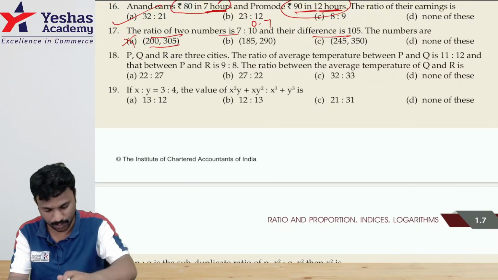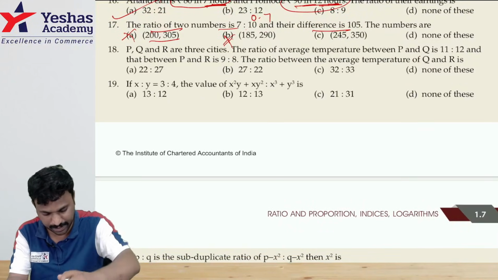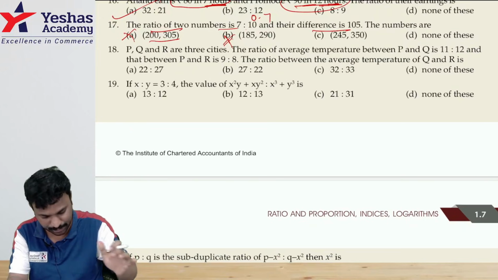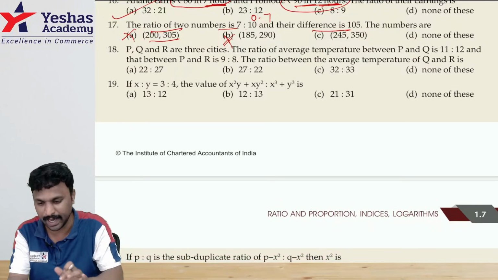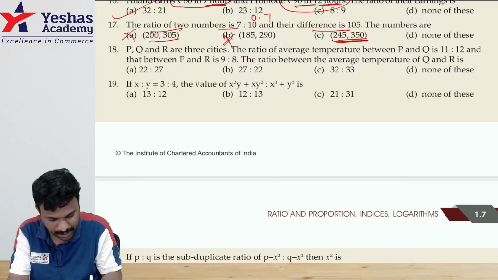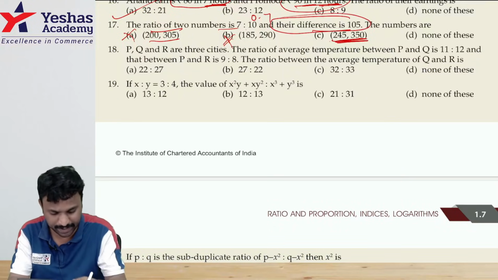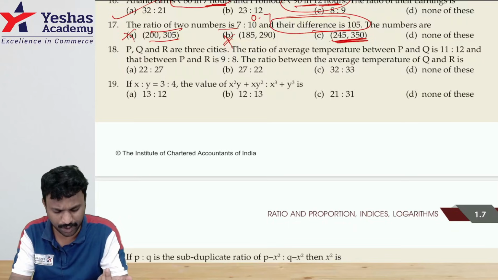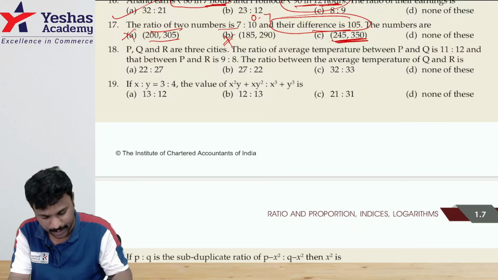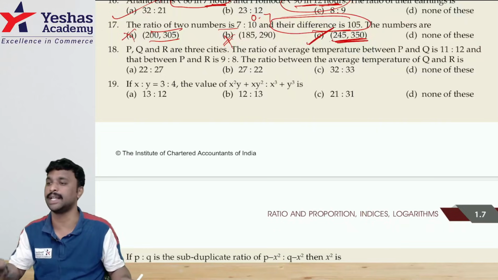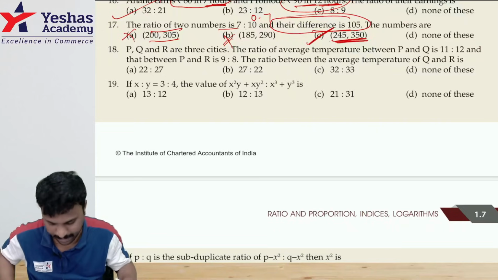How much? No. Even option B doesn't satisfy. 245 divided by 350 gives you 0.7. So the first condition is satisfied, and also the difference between them, 350 minus 245, is 105 only. So option C satisfies both the conditions. Therefore option C is the right answer.